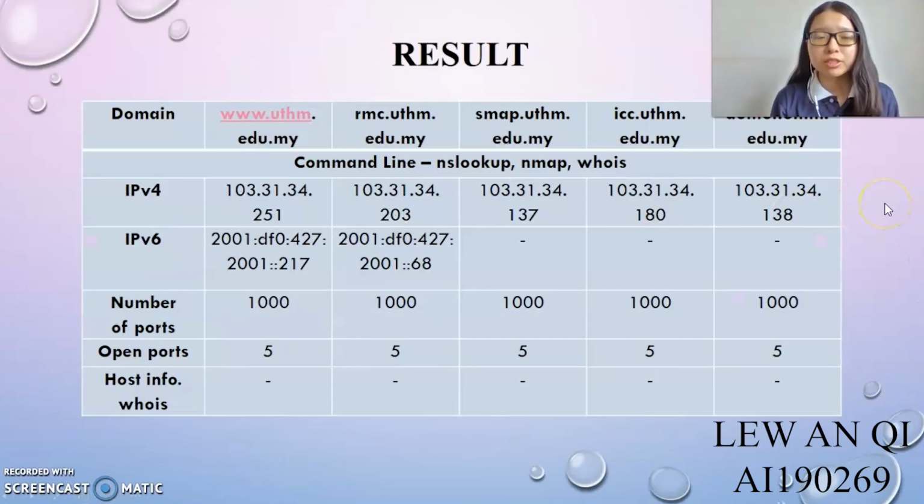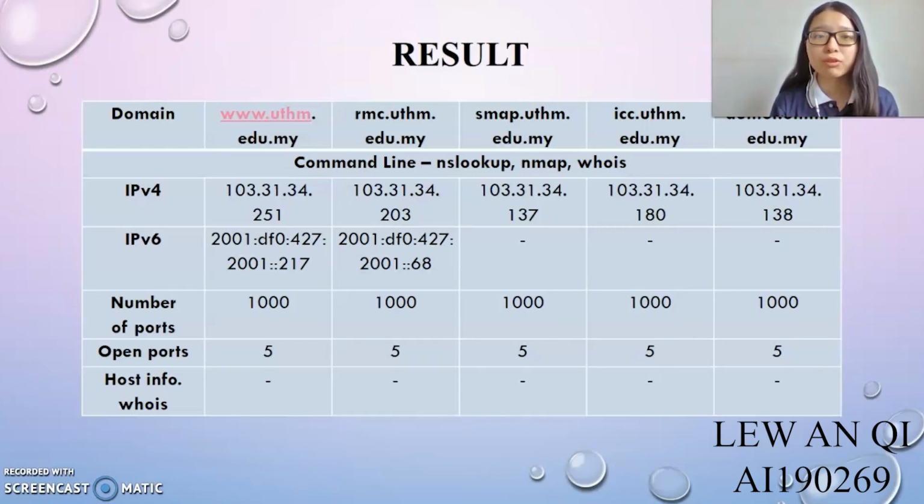For the first part of the results, we are using the command line tools such as nslookup, nmap, and whois. The information we can gather by using the command line is IPv4, IPv6, number of ports, open ports, and the host information. For the IPv4 information, for www.uthn.edu.my it is 103.31.34.251.